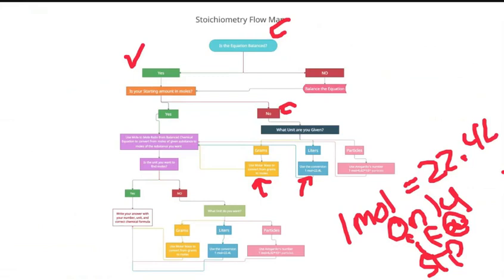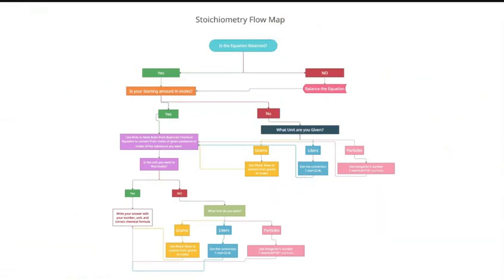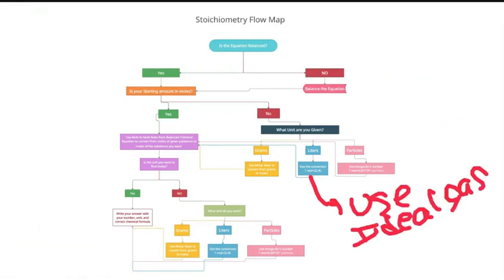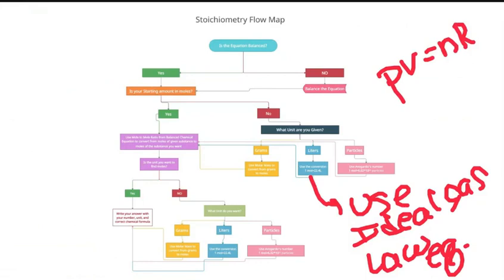If the problem is not at STP, use the ideal gas law equation, which is, if you remember, PV equals nRT, because then you can convert it to moles. You would be solving for n.